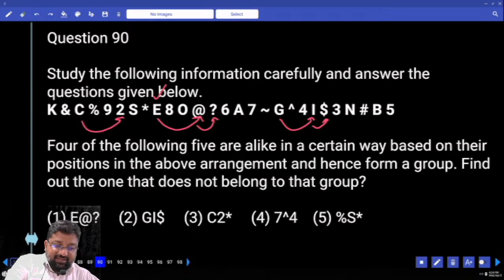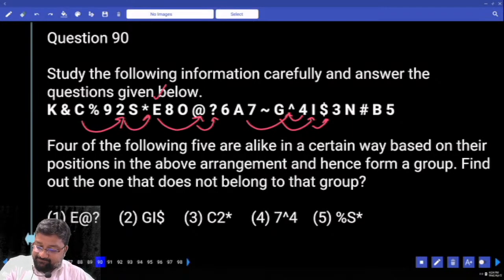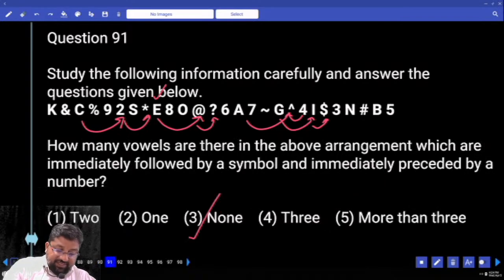From C, third right, second right is star. Third right, immediate right. Percentile S and star percentile, third right is S, immediate right is star. Which option is my answer? Third option.